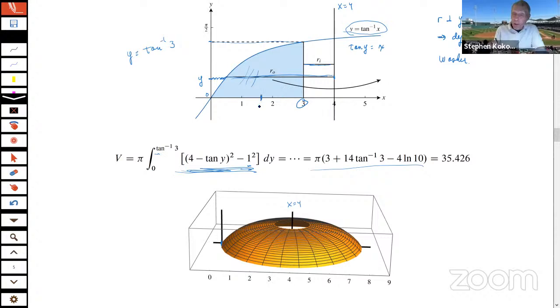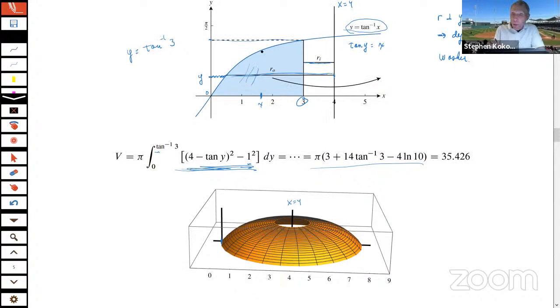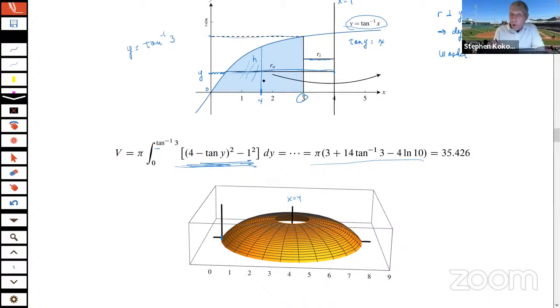I take an arbitrary value x in the region of interest, and I'm going to draw a line up to that bounding curve, and that represents the height of an arbitrary shell. And I'm going to draw a line perpendicular to that to the axis of revolution, and this is the radius. That is the radius of an arbitrary shell. And so what I need are expressions for those two variables, h and r, in terms of x.